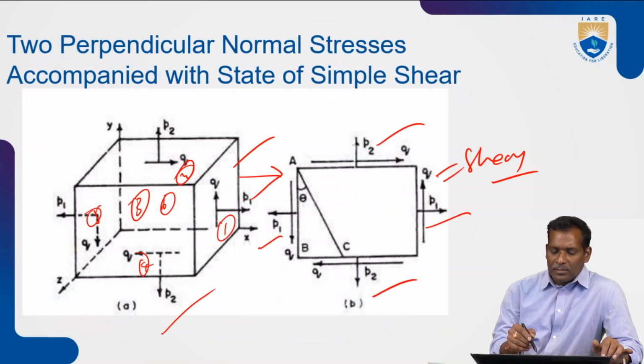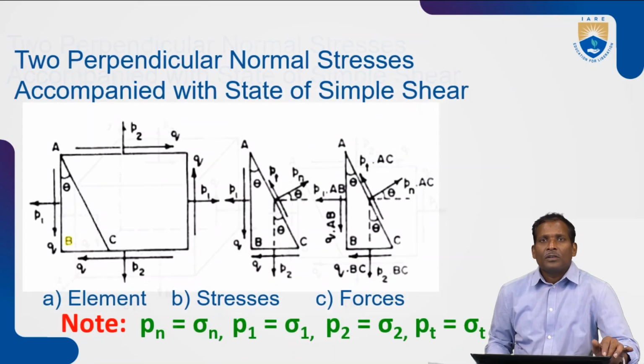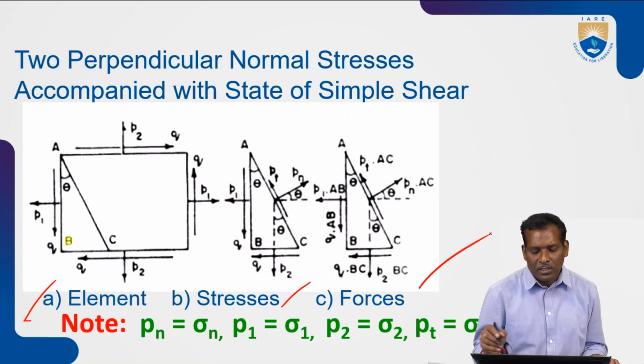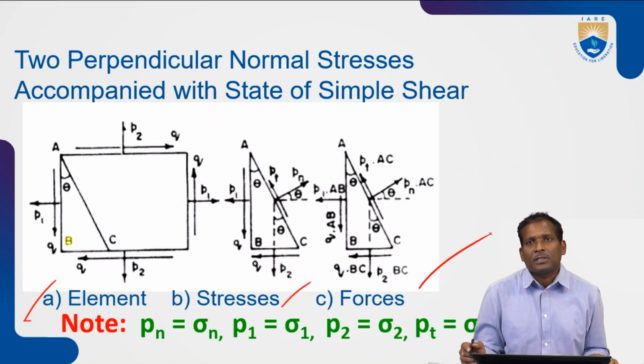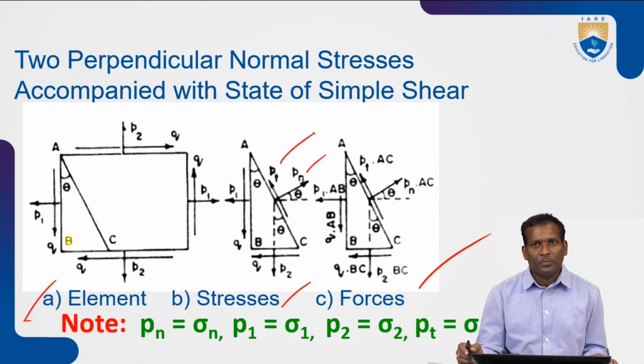Whenever the stresses are acting on an inclined plane, theta. So here element stresses shown and the forces. So what are the forces acting? Clear? So here normal force and the tangential force, you know.